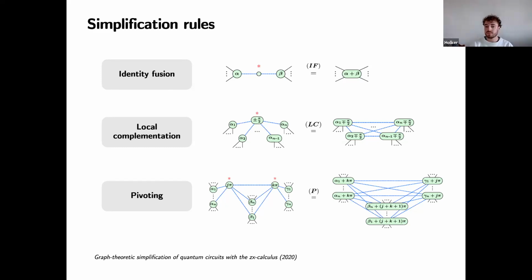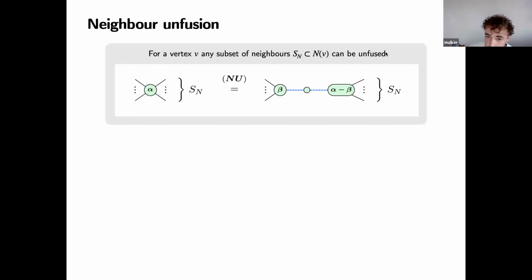And often this is used to simplify the diagram down into a much more compact form, but not necessarily beneficial for extracting a circuit or reducing the number of two-qubit gates in the equivalent diagram. We also look at another rule, which is called neighbour unfusion.